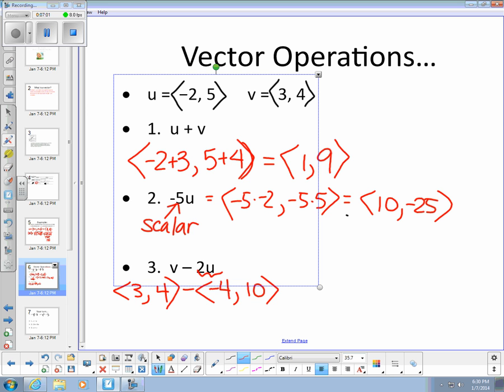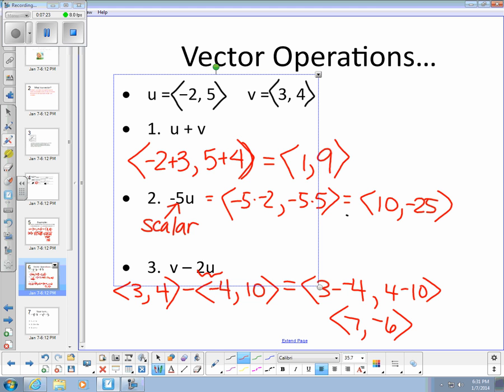On subtraction, just like addition, I'm going to subtract the horizontal components and the verticals. So I'm going to say 3 minus -4 for the first component, and 4 minus 10 for the second component, which would give us 7 and -6 for an answer.